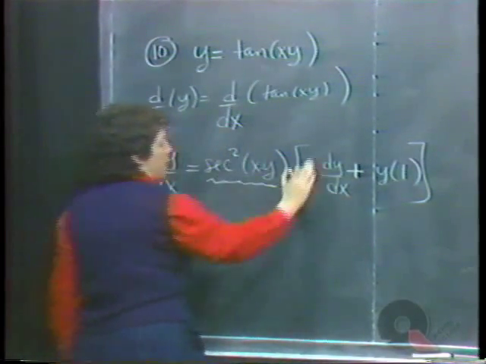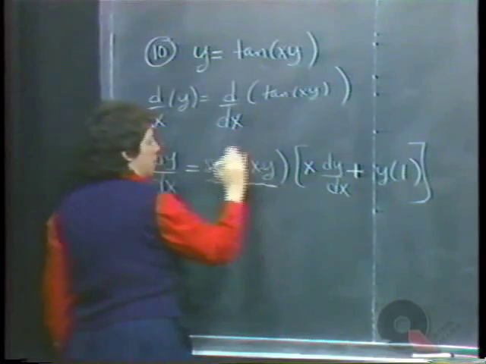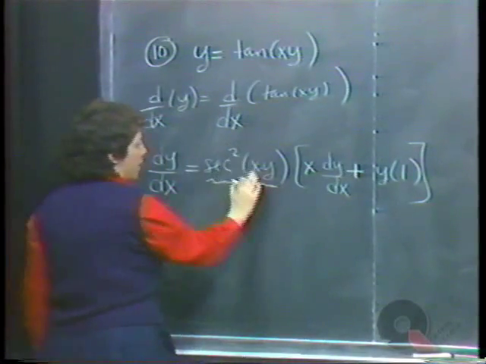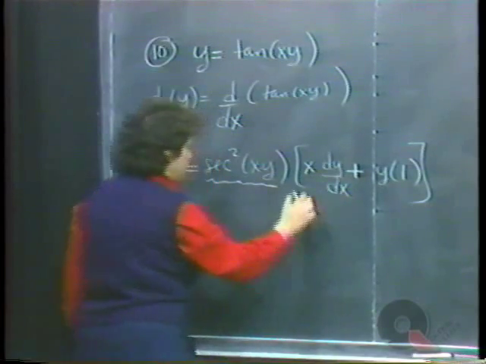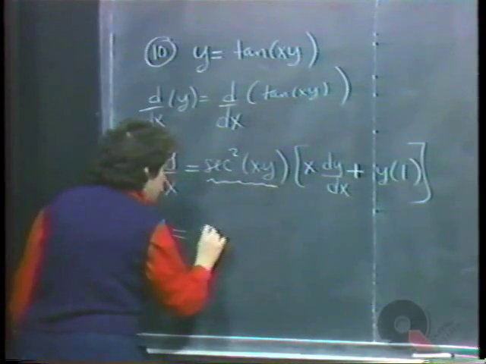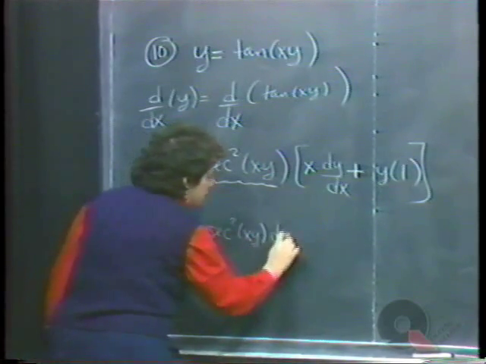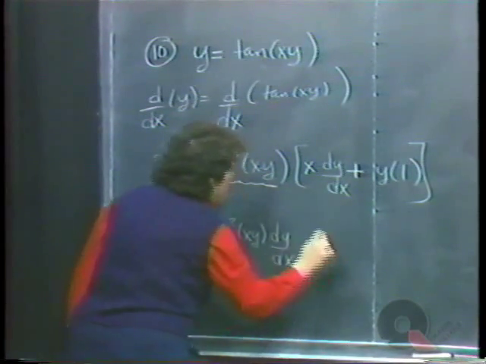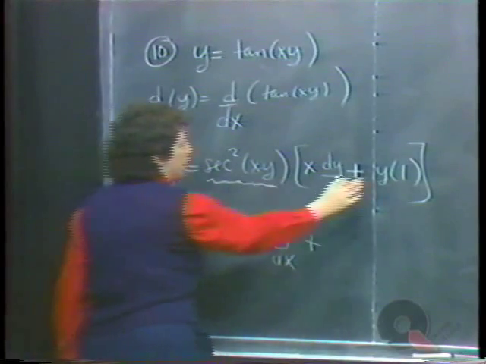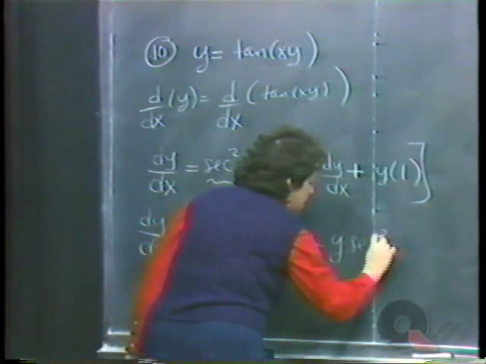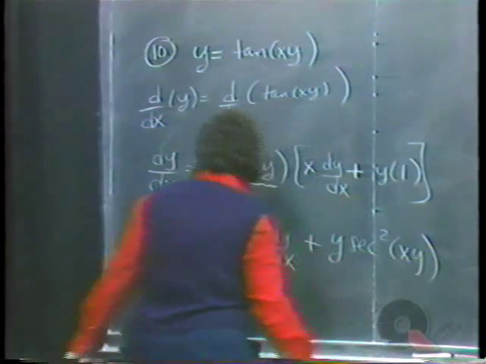We have something like a times (b plus c). It's going to be a times b plus a times c. So secant squared xy times x dy dx, which we could write as x secant squared of xy times dy dx, plus secant squared xy times y, or y times secant squared of xy.